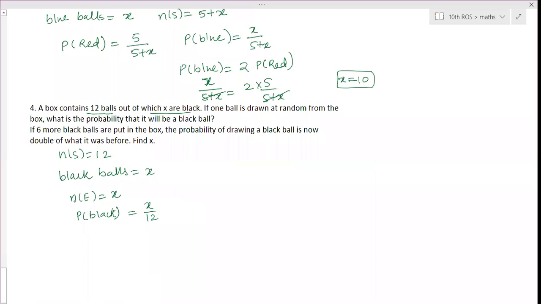This is the first part. Next. First there were 12 balls in total. Now 6 balls more are added, so n(S) equals 12 plus 6, which equals 18.